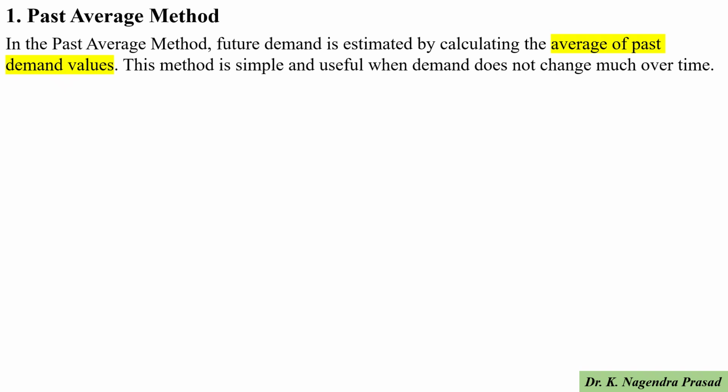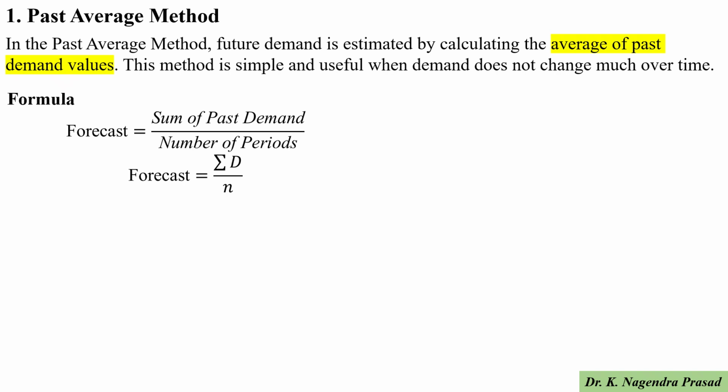In the past average method, future demand is estimated by calculating the average of past demand values. So this method is simple and useful when demand does not change much over time.